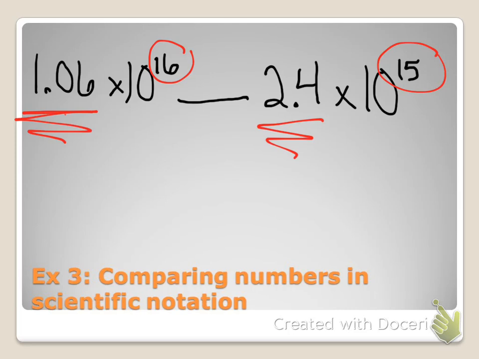So since 16 is greater than 15, that is going to be my answer. Okay? So whenever you're comparing numbers in scientific notation, look at the exponents. If they're the same, look at the decimal and compare which one's bigger. If they're different, then the larger exponent will always be a larger number. Right? And if you understand that, I believe that is everything you need to know for 2.5.